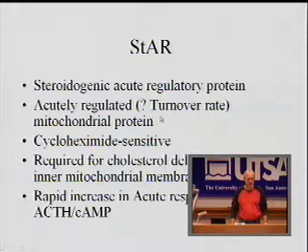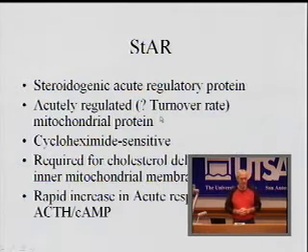It probably has a very high turnover rate in that this gene must be induced and, of course, expressed all the way to the production of the functional gene product. One of the research articles that I referred you to in the first part of this lecture discusses the post-translational processing of STAR.